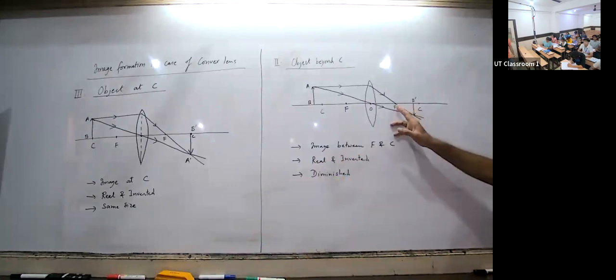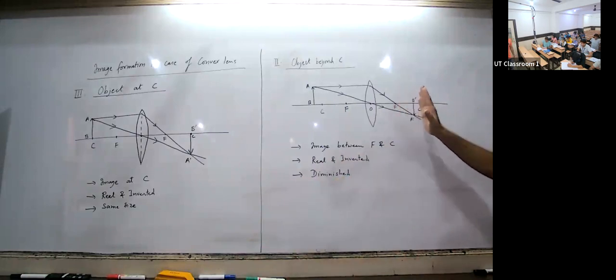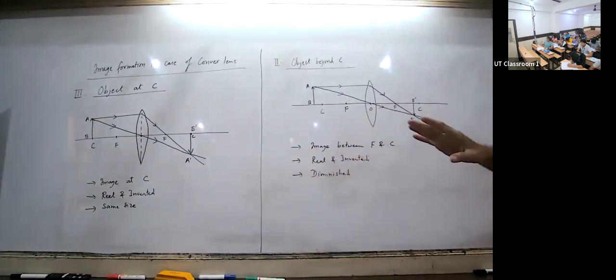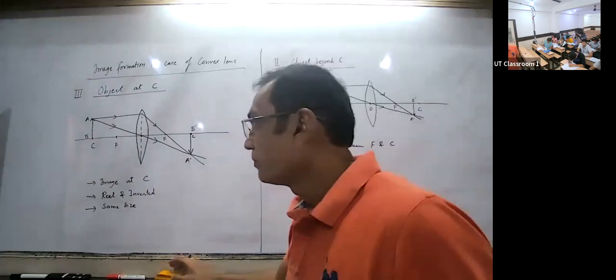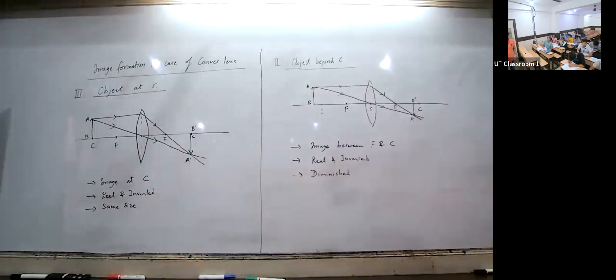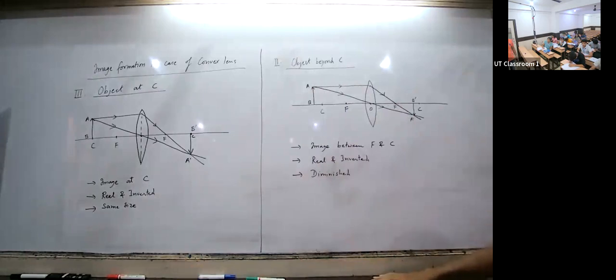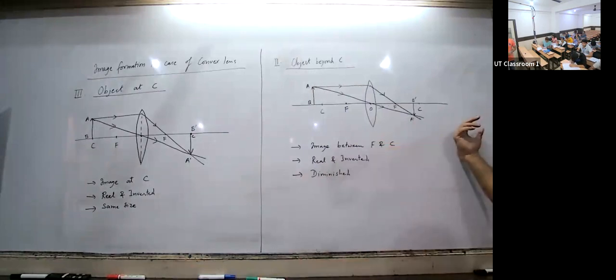So initially at focus, then between focus and C, now at C. So this is the pattern, which is the same as it was in the case of the mirror session. You might be observing the same position, nature, and size as in the case of the concave mirror. The only difference is that now it is happening on the opposite side of the lens.